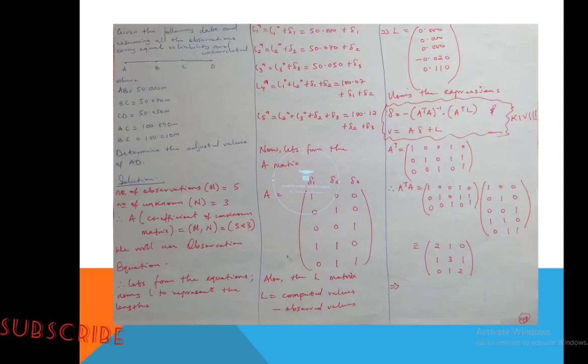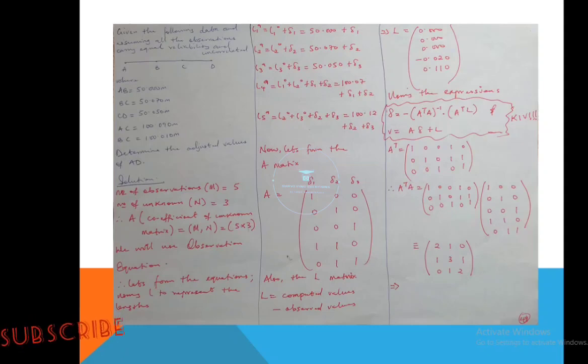We should calculate the adjusted value of AD, which is AB plus BC plus CD.